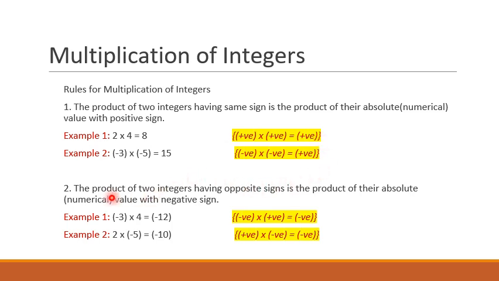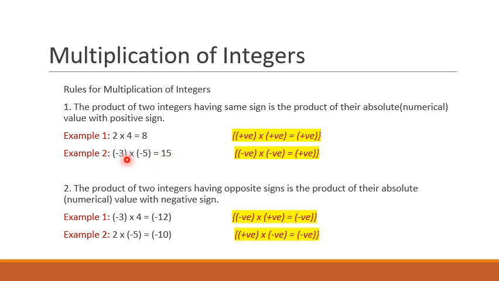Now let's take one more example. Now here minus 3 multiplied by minus 5. Here both the integers are negative. So we first multiply the numerical values of the integers. So 3 multiplied by 5 gives me 15 and the answer will be positive.